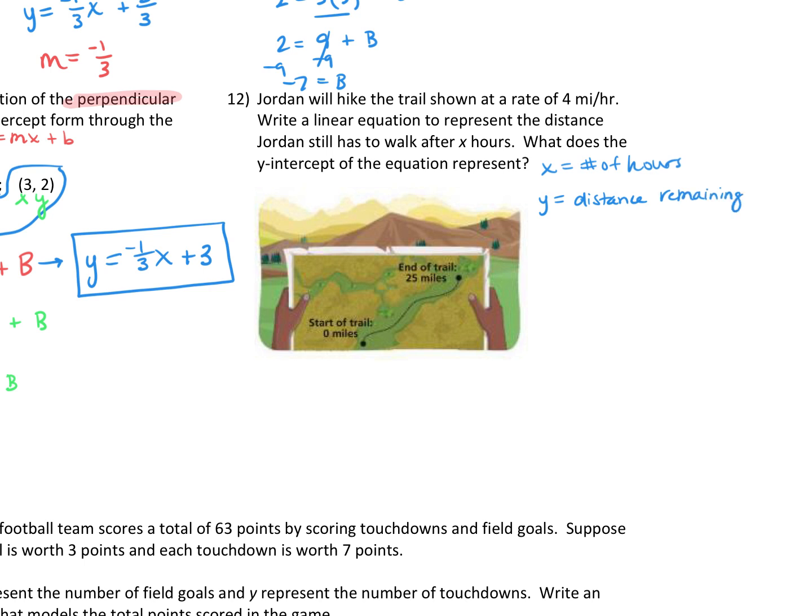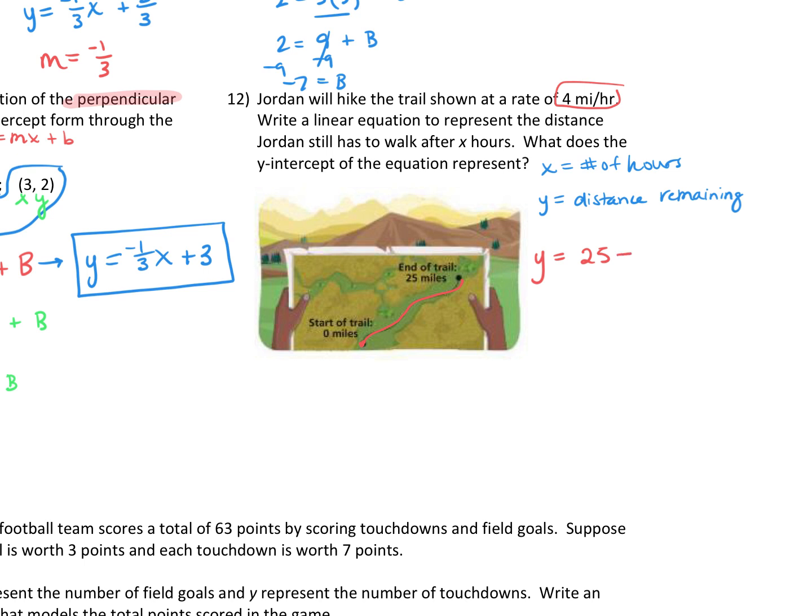So if we think about our distance remaining, y equals, at the start right here, she has 25 miles. Oh, this is a long trail. So she has 25 miles to walk, and that 25 miles is going to go down at this rate of 4 miles per hour.